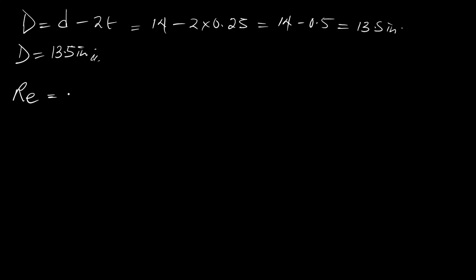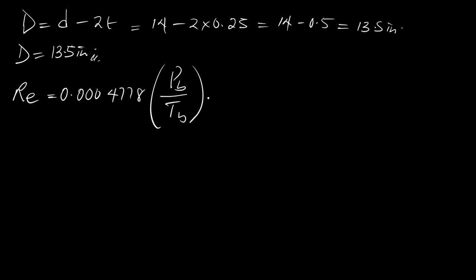So since we have gotten this, we now have to calculate the Reynolds number. And the Reynolds number for the imperial unit formula is 0.0004778 times base pressure divided by base temperature times gas gravity times the flow divided by the viscosity divided by the internal diameter.